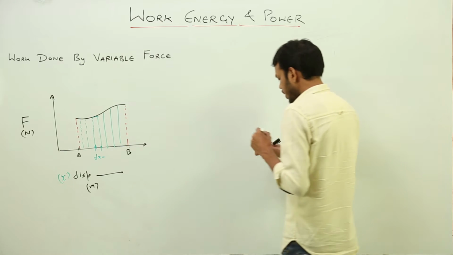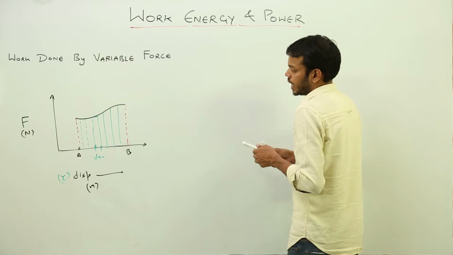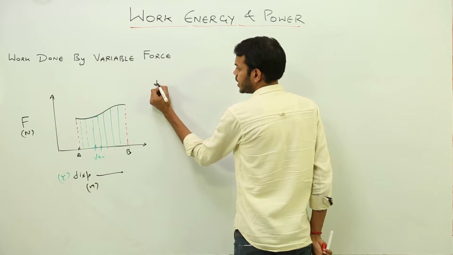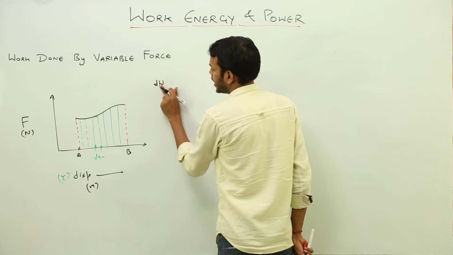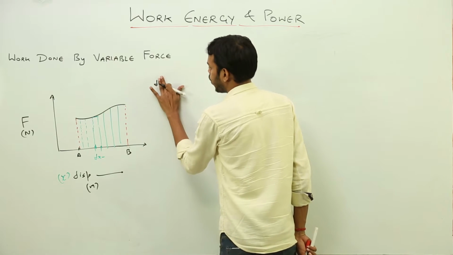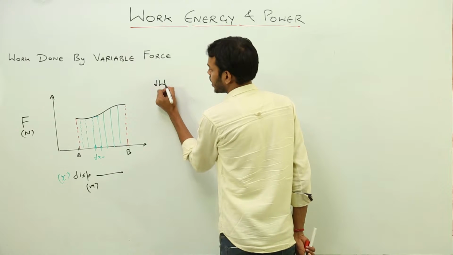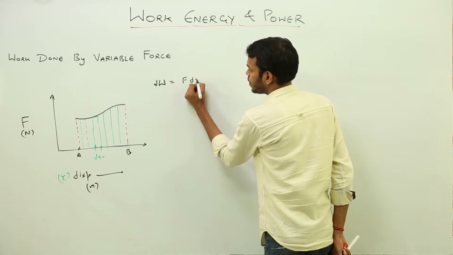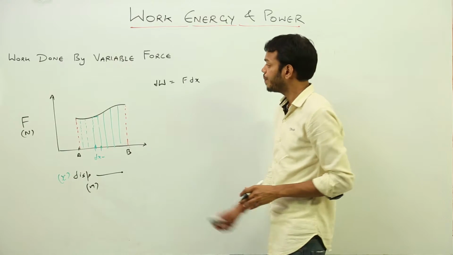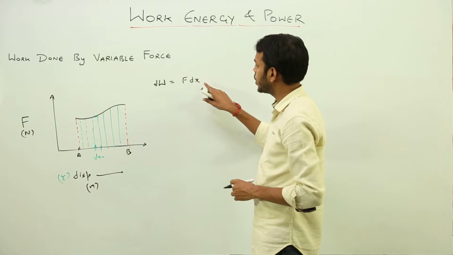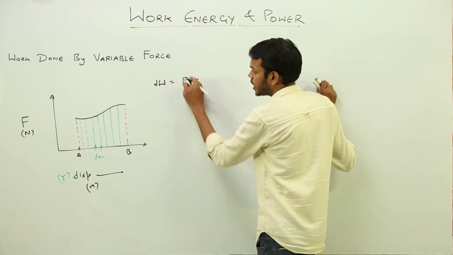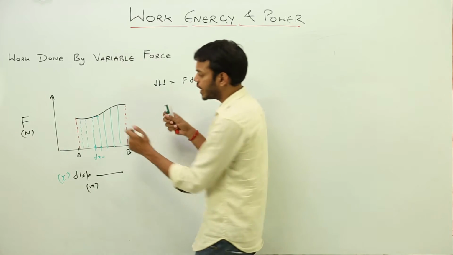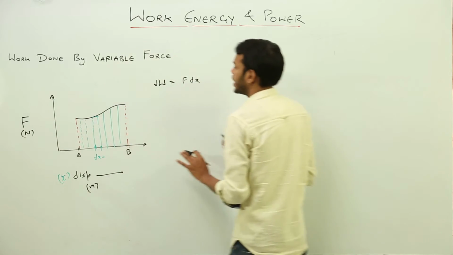So here let's calculate small work done dw for a very small displacement. Small work done is given by force into small displacement dx, right? This is absolutely true. This force is a constant quantity, which is this force, right?